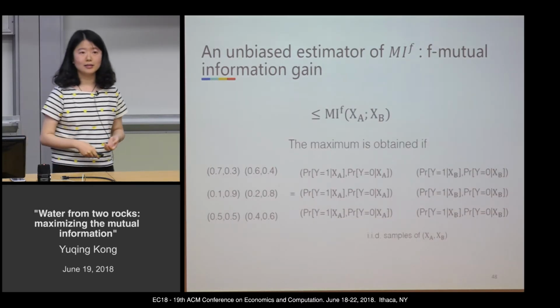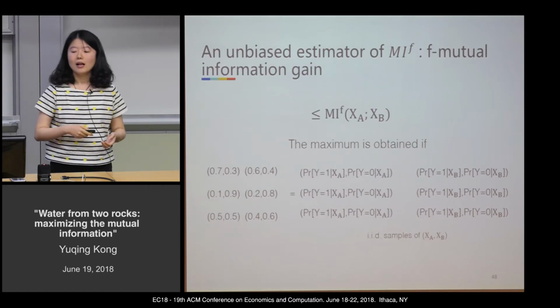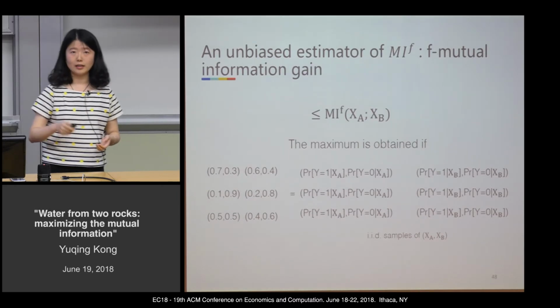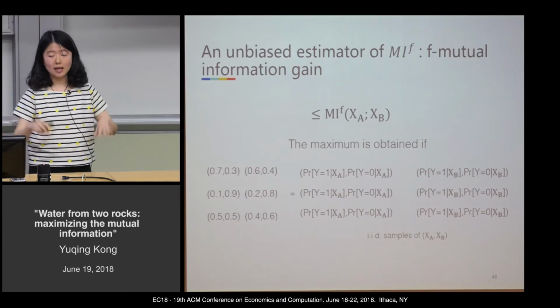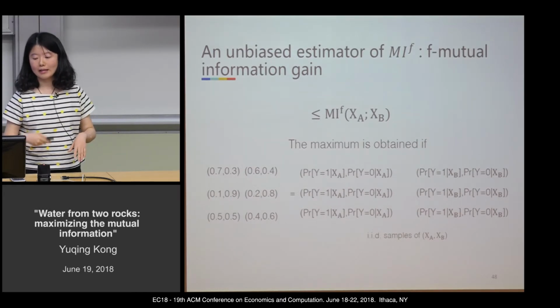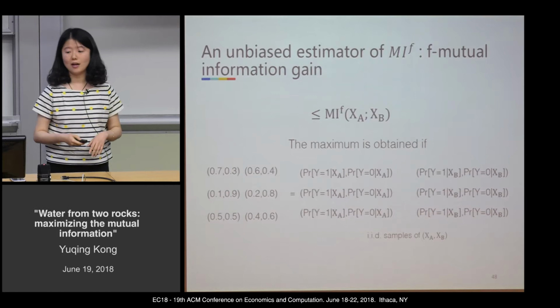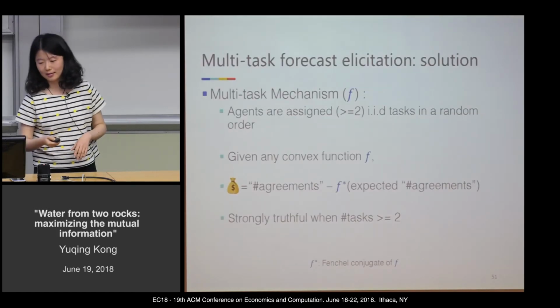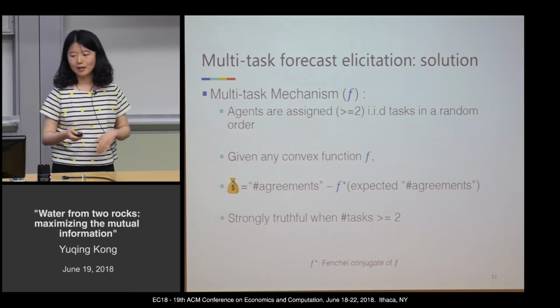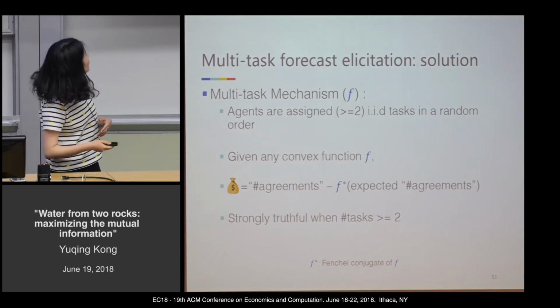And it turns out this property makes Alice and Bob's payment always bounded by the F mutual information between their private information. And the maximum is obtained if they tell the truth. And recall that the co-training is actually the same thing, so let me skip this part here.